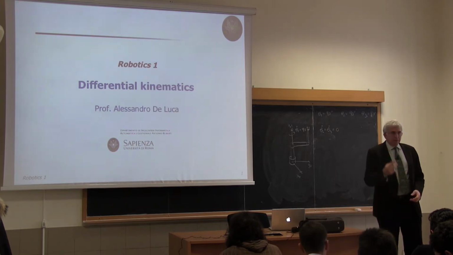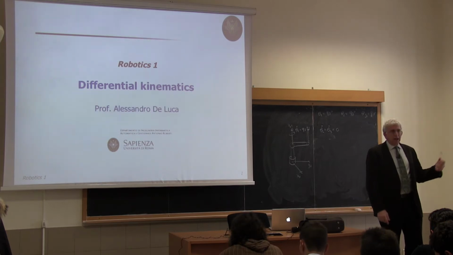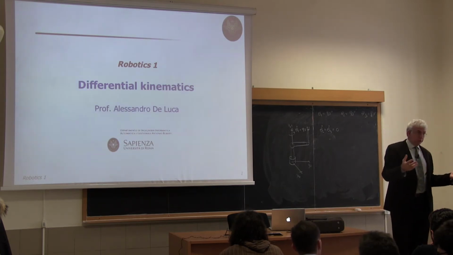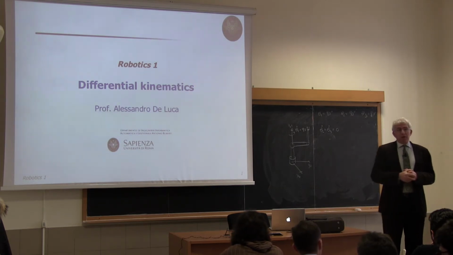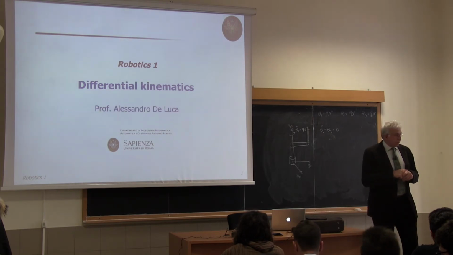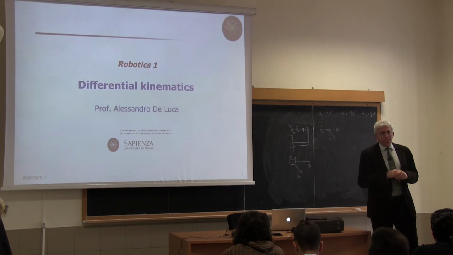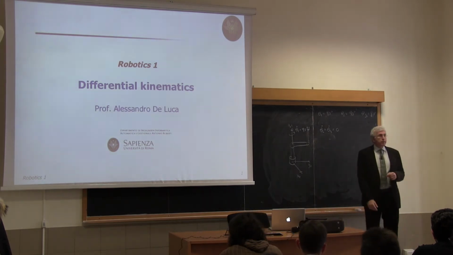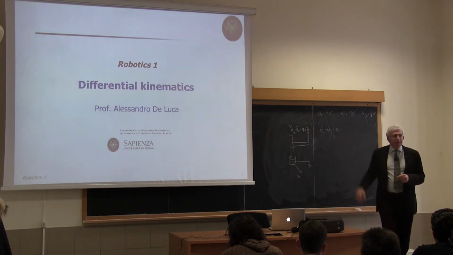So if I double the velocity in the joint space, I will have double the velocity. So the nonlinearity is in terms of the configuration of the arm, not in the differential relationship between quantities. Okay? What about angular velocity here? Will I have an angular velocity?